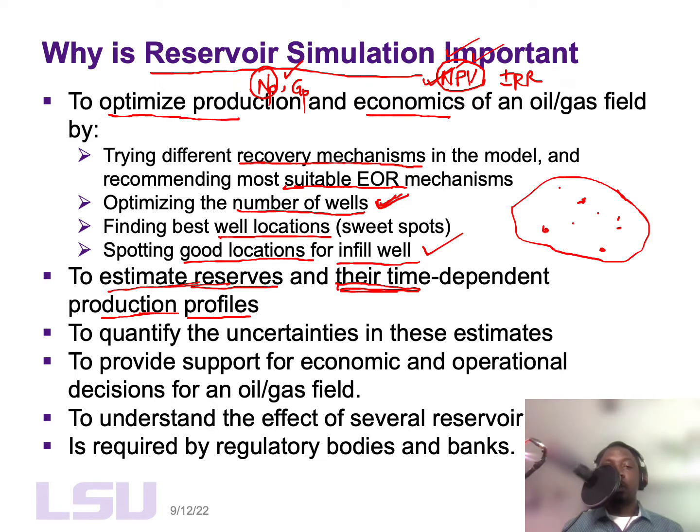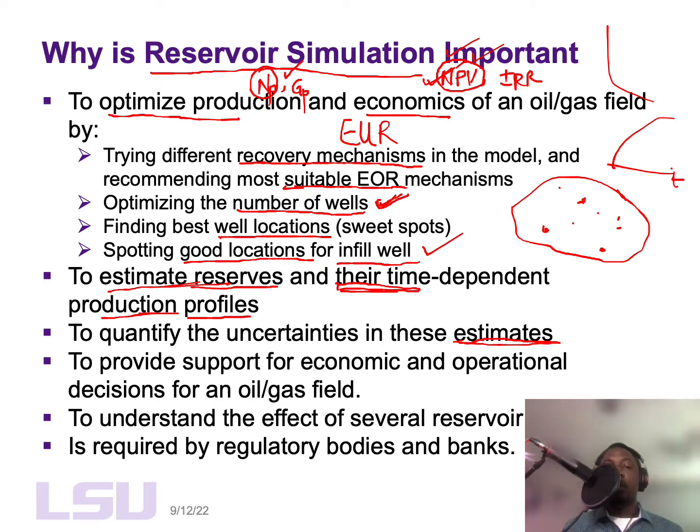So your reservoir simulator can be used to get you not just the final estimated ultimate recovery, but it can give you flow rates or cumulative production against time. You can use the simulator to quantify the uncertainties in the estimates of cumulative oil production rates and so on. Why?